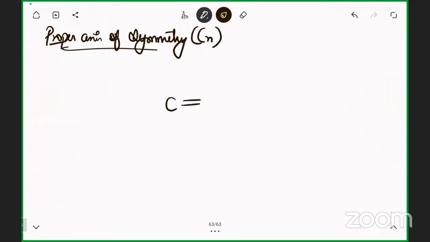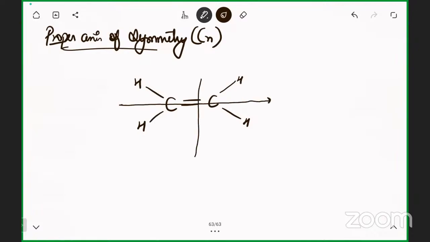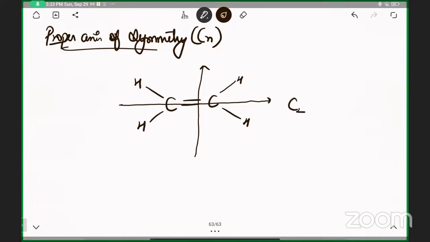C double bond C, with one hydrogen on each side, four hydrogens in total. If I put a plane like this or a plane like this, we can rotate the compound.